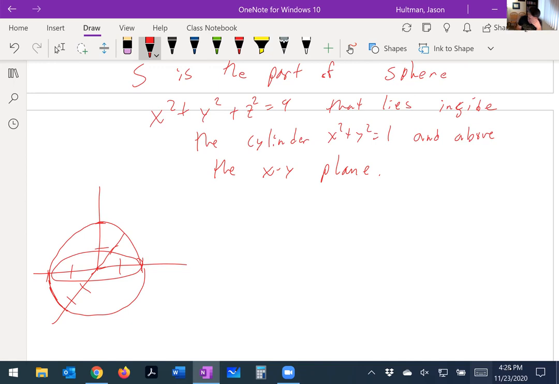However, this piece does not exist because it lies above the xy plane. And it's in the cylinder.